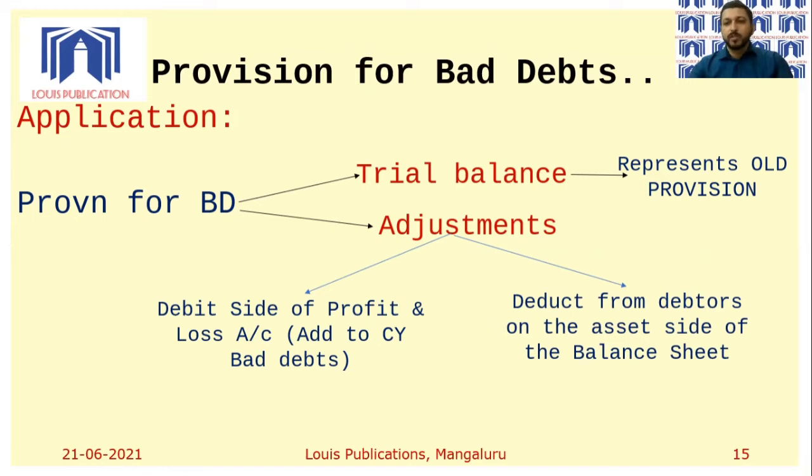We are only making a provision. So whenever we show it as a deduction from debtors in the balance sheet of this year, none of the individual debtors value will go down. It's only a book adjustment to fulfill the double entry principle in the current year. Remember this. So this is the concept of provision for bad and doubtful debts.